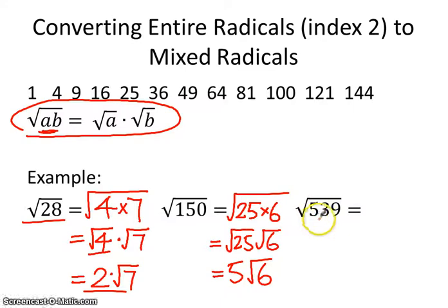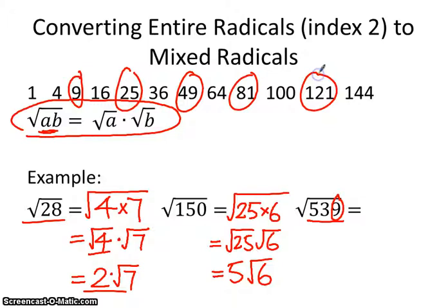Finally, root 539. You say, wow, that's such a big number. Well, again, use your calculator. And since this is an odd number, you only need to try all the odd perfect squares here. You don't need to try other numbers. You don't need to try 3, 5, 7. You're only interested in the square root. So there's only a few choices. Put in a calculator, and then you find out 49 will work.